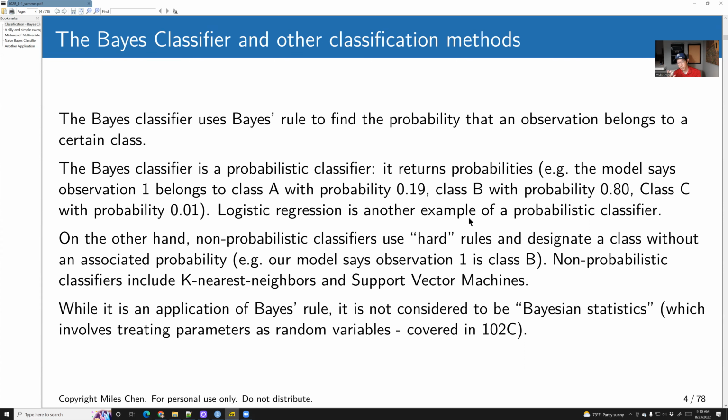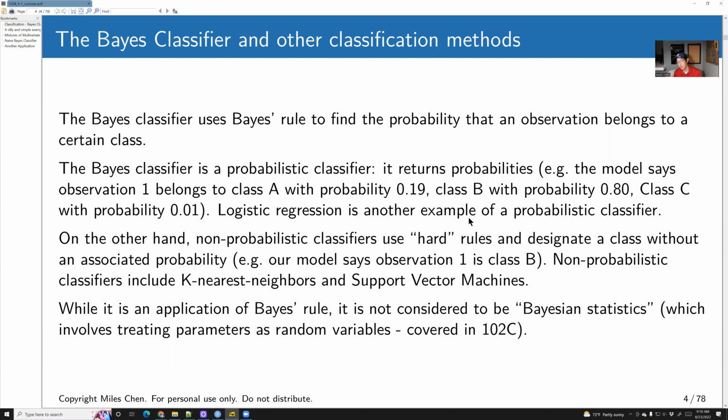So for example, if we have 3 classes, here I call them class A, B, and C, we can say this observation belongs to class A with probability 19%, class B with 80%, and class C with 1%. Those 3 numbers add up to 1.